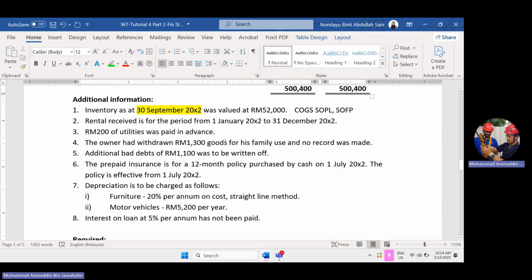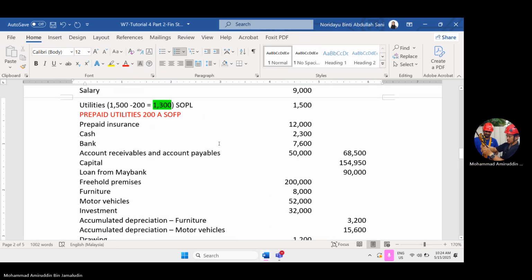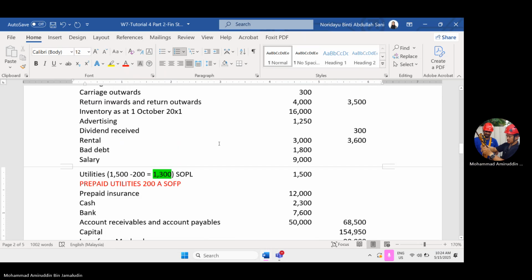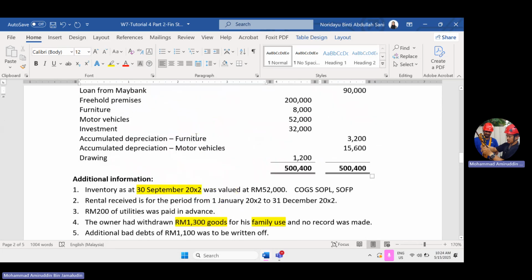Okay, next. Owner had withdrawn 1,300 goods. Something like the previous question just now. Okay? For family use. So this is for personal use. Withdrawal, drawings. Okay? So 1,300 from purchases should be minus. Purchases, 97,500 minus 1,300.